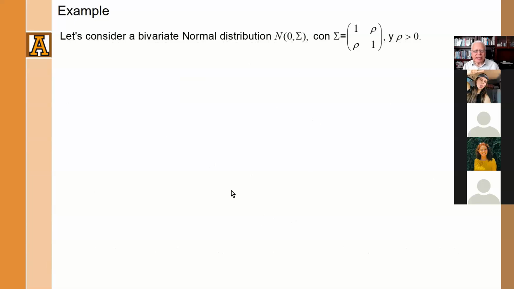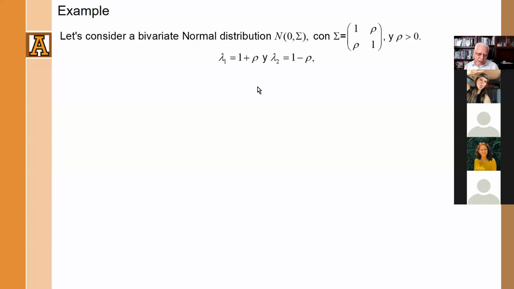Now let's do an example. Let's consider a bivariate normal distribution with variance covariance matrix with 1 in the diagonal, and rho, which is the correlation, off the diagonal. It's only two variables here, okay? And let's assume that rho, the correlation between x1 and x2, is greater than 0.